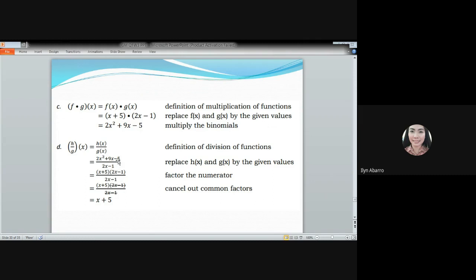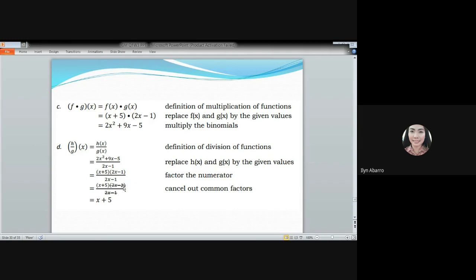So the factors of negative 5 are positive 5 and negative 1. And then let us check if that is correct. So 5 times 2x, 10x, and then plus 1 times negative 1, that is negative x. So, correct. So, the factors of 2x squared plus 9x minus 5 is x plus 5 times 2x minus 1, divided by 2x minus 1.